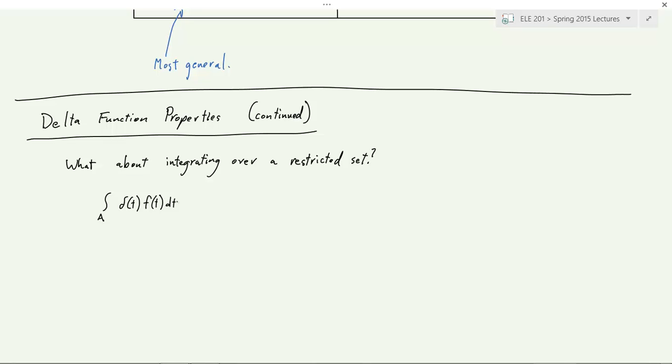But in fact, we can get that by simply saying whenever you integrate over some set that's bounded, that's the same as integrating from negative infinity to infinity and bringing in an indicator function.